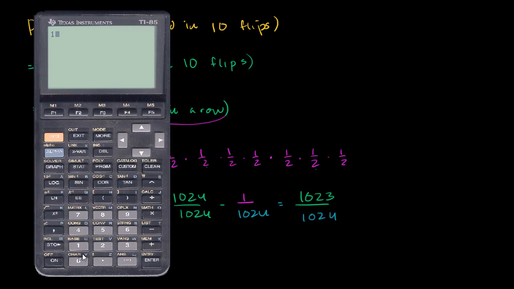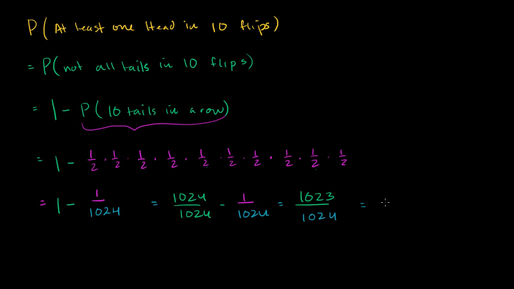So if we have 1023 divided by 1024, you have a 99.9% chance that you're going to have at least one heads. I rounded a little bit. It's actually even slightly higher than that.